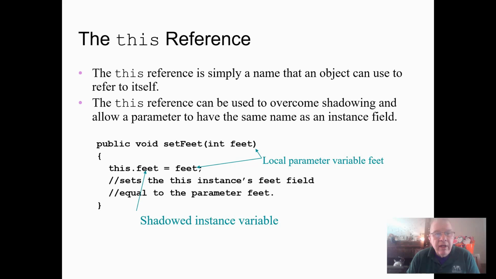It would shadow it, and feet would be a different value inside the method. So we use this to point to this object. this.feet equals feet. So there's a local parameter and an instance variable.